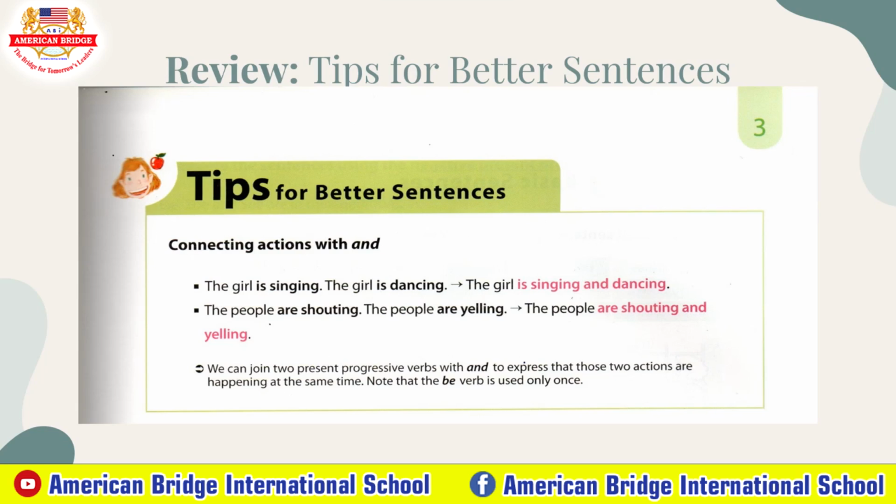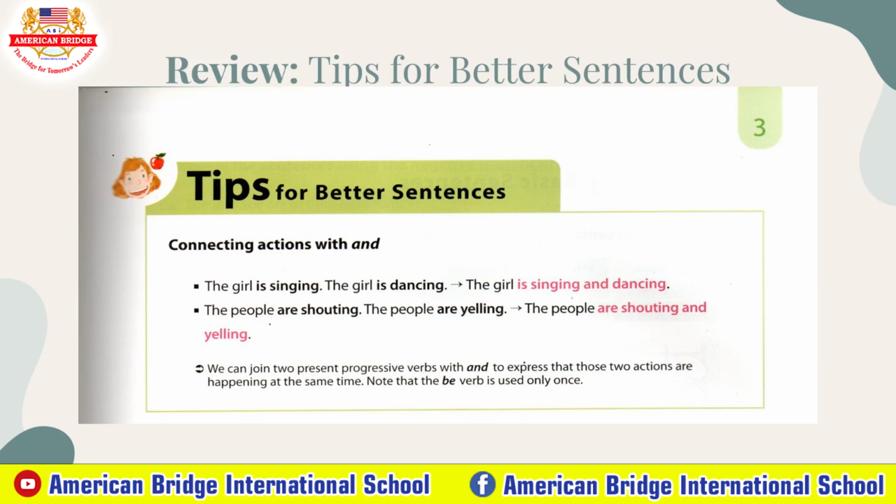So don't forget everyone that we also have a main point in here that we can only join 2 present progressive verbs with and to express that those 2 actions or verbs are happening at the same time. Note also that be verb is used only once.